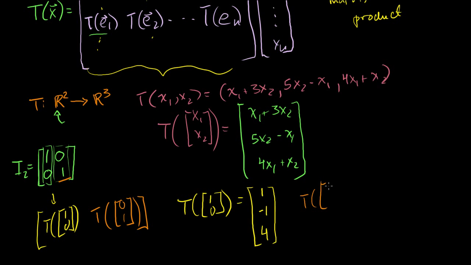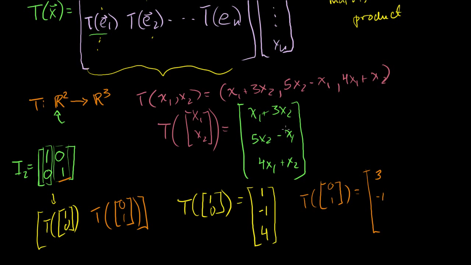T of 0, 1 is equal to 0 plus 3 times 1, which is 3. Then we have 0 minus 1, which is minus 1. Let me make sure I did this one right. This was 5 times 0 minus 1.